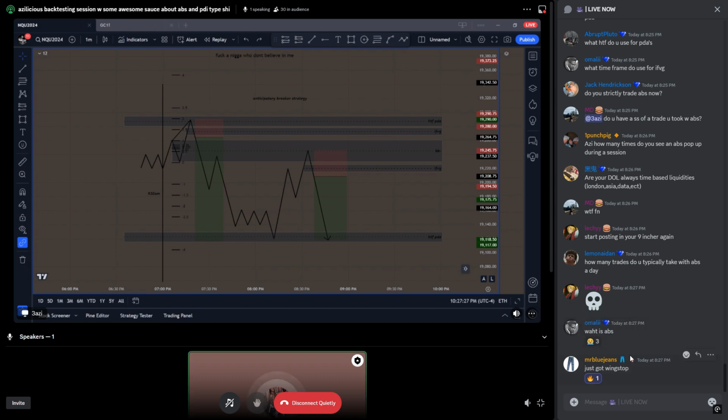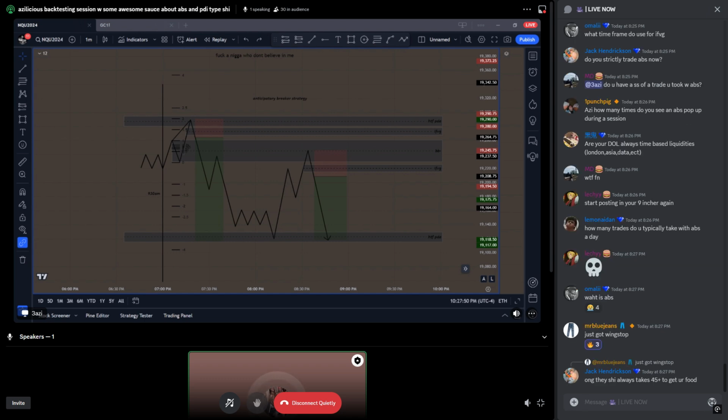Data highs, data lows, also time-based, but my drawn liquidity is pretty much equal highs, equal lows, previous day's highs, session highs, lows, imbalances, and just higher time frame PDIs that could act as a drawn liquidity.